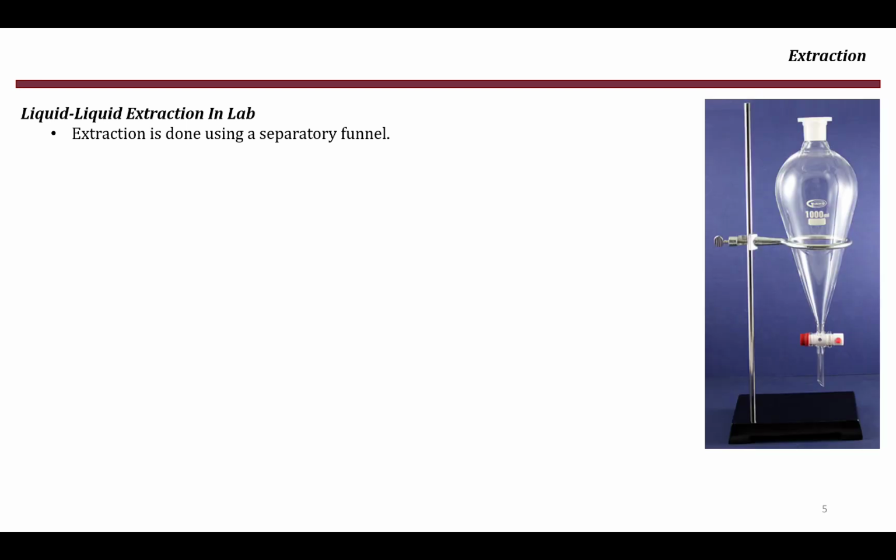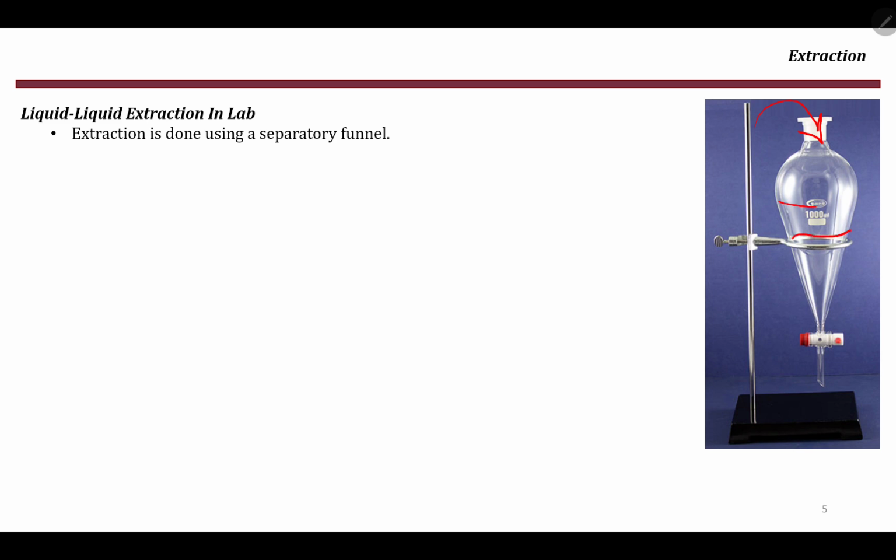In the lab, how is extraction performed? Extraction is done using something which is called a separatory funnel. So this is a separatory funnel that you are going to use in the lab. Of course, we add material to the separatory funnel from the top, and whenever you add the desired solvents, you will notice that you are going to form two layers.